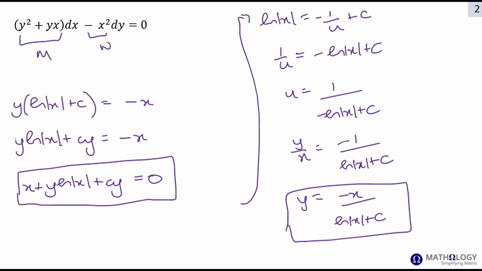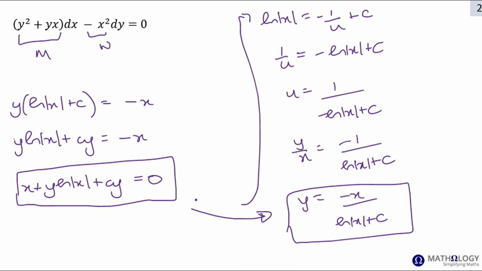It's quite acceptable. If we do separate the y's, we're just going to come back to this expression in any case. This is just a nice, neater, alternative form of the solution. The final solution over here, x plus y ln x plus cy equals 0, can be written in the form x plus y ln x equals minus cy, just taking that term across there.